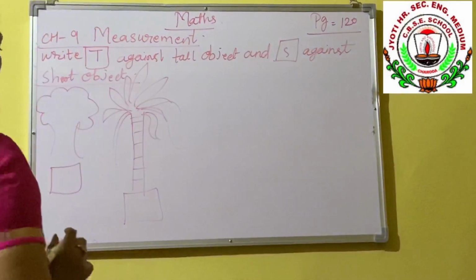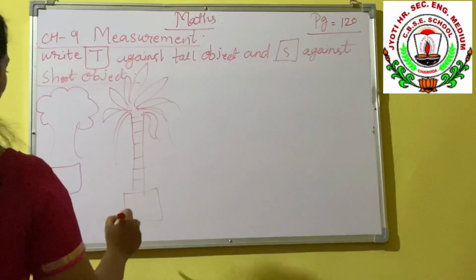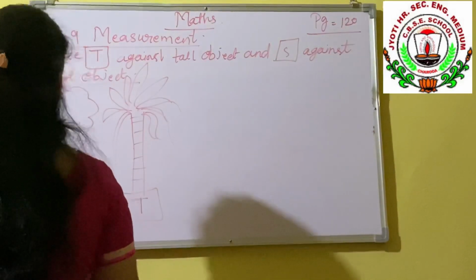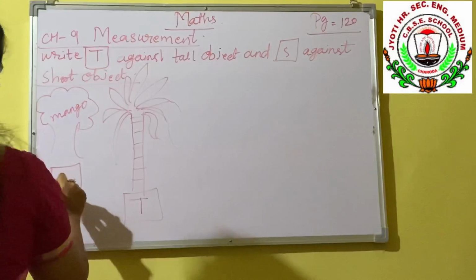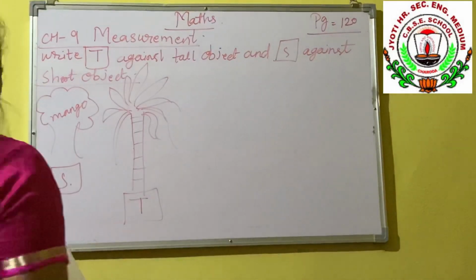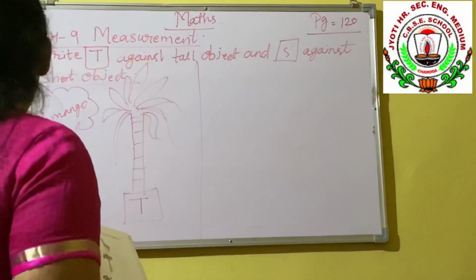So, which one is tall and which one is short? किसकी हाइट ज्यादा है and किसकी हाइट कम है students? Here, coconut tree is tall, so we will write over here T. And mango tree is short, so we will write S for short. I will take one more picture.